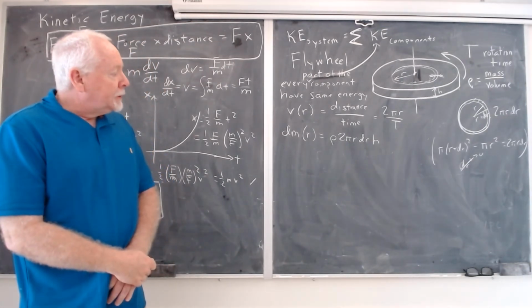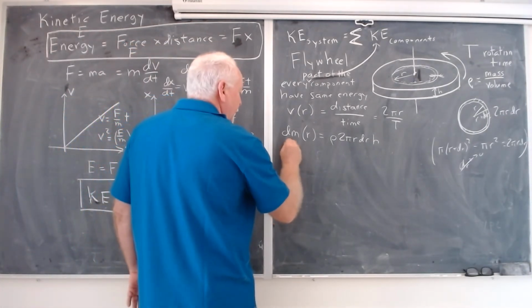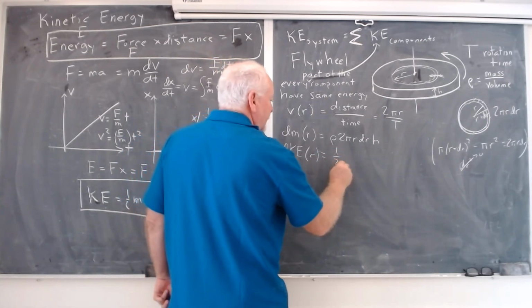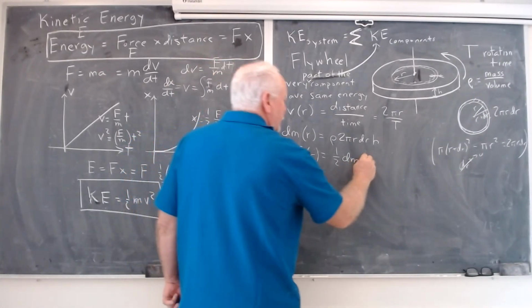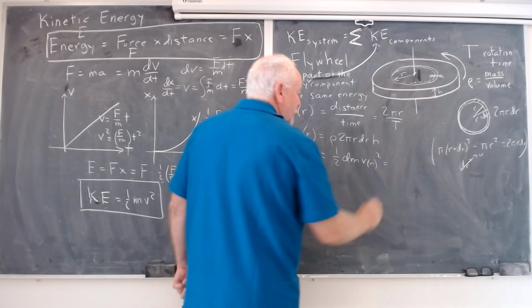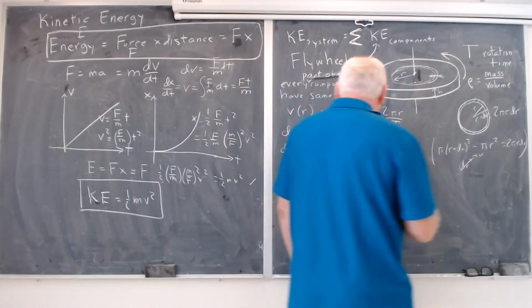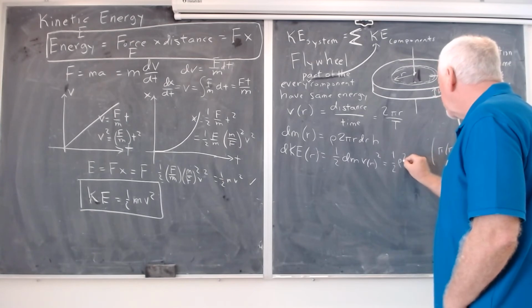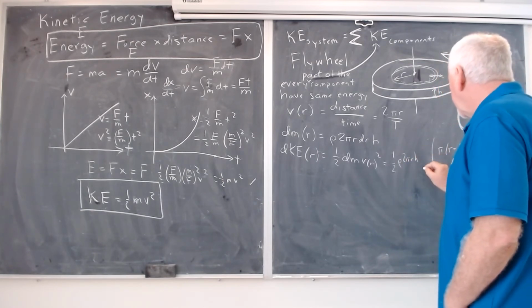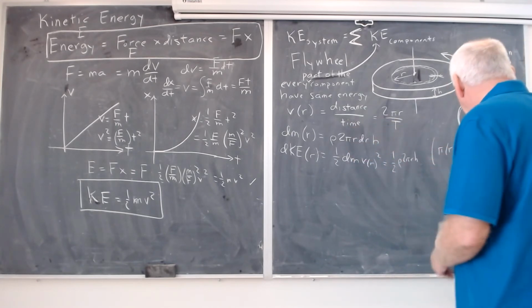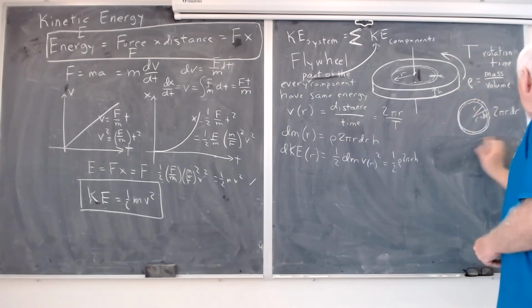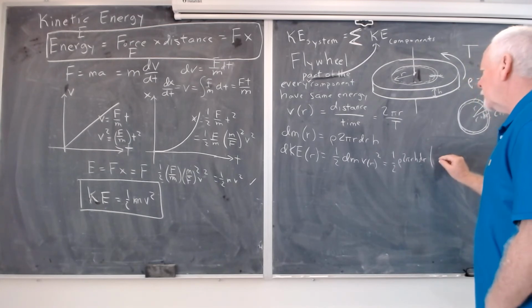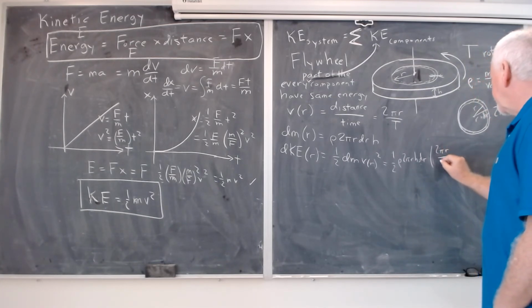Now basically I can write down the kinetic energy at a given point r, and that's equal to 1/2 dm v sub r squared, or 1/2 rho 2 pi r h, and then v, times 2 pi r over t squared.